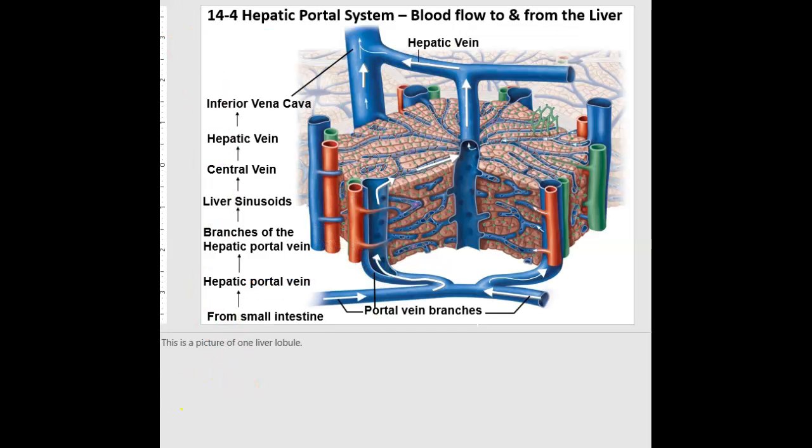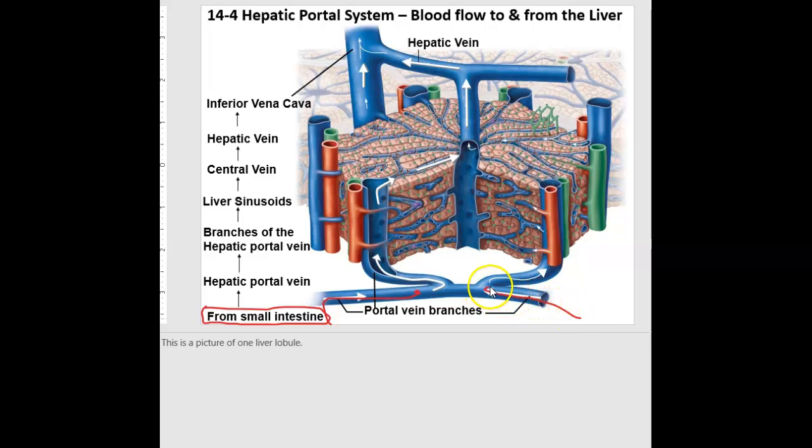Now we're going to trace some blood. I'll just show it in red because it's really visible that way. Now we start from the small intestine. I'm not dealing with the arterial supply. Here I'm going to talk about the hepatic portal blood flow. So from the small intestine, capillaries merge to form these portal veins, to form the hepatic portal vein.